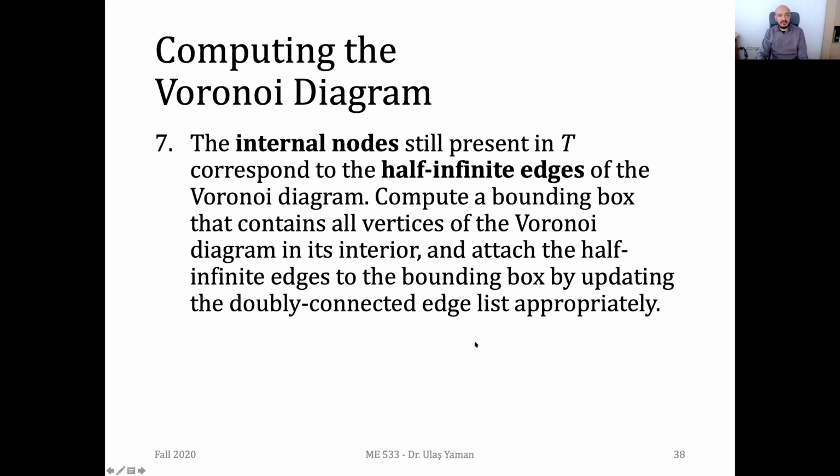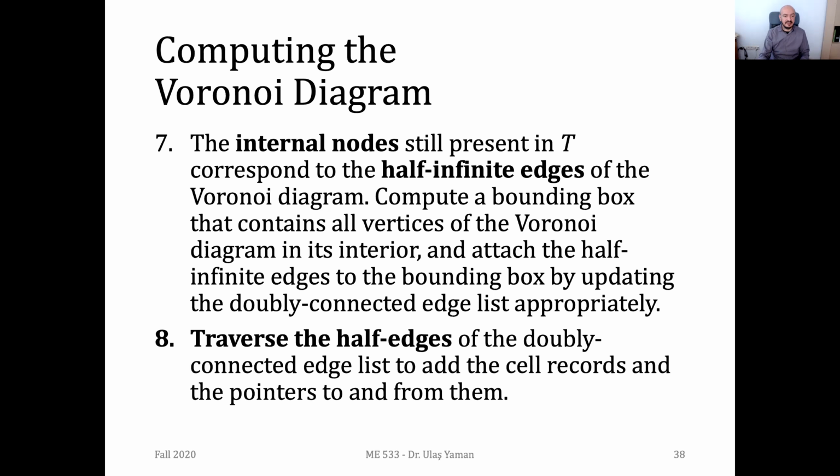Then, if you are done with all the events, if you have completed site events and circle events, and still have some beach line left in your status data structure, then that means you'll have half infinite edges, and depending on whether you have a bounding box or not, you may need to handle these last lines.